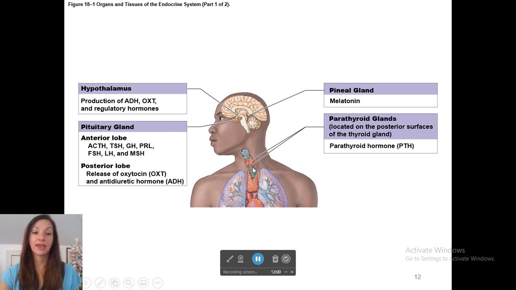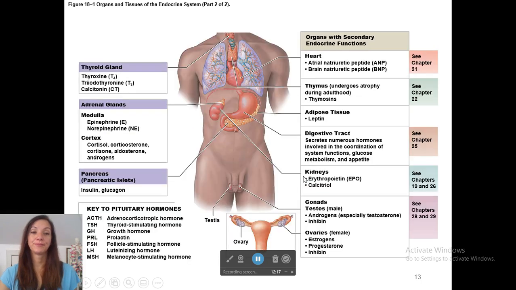This whole thing here is the thyroid gland, and on the posterior surfaces of the thyroid gland, you have these four little dots, two on each side, that are the parathyroid glands. The thyroid gland is wrapped around the trachea. Then as we go down, we have the adrenal glands. Ad means above, renal referring to the kidney, so above the kidney, attached to the kidney there.